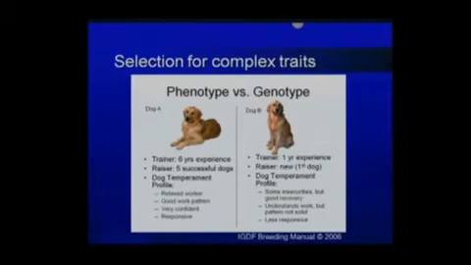Now, selection for complex traits is, as the name implies, more complex. Here's an illustration I pulled because I like it, out of the International Guide Dog Federation cooperative breeding manual. You've got two dogs, and this is illustrating the phenotype, what you see, versus the underlying genotype, the genetics influencing this trait.